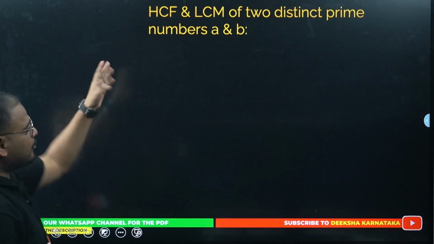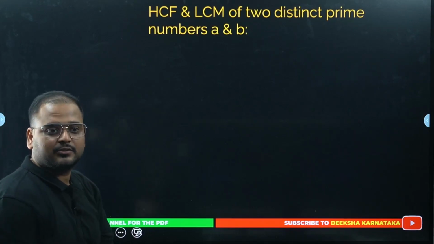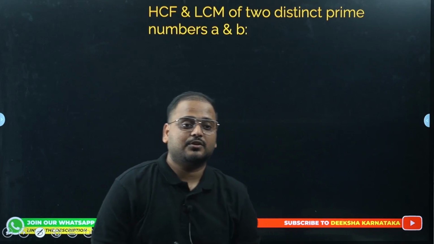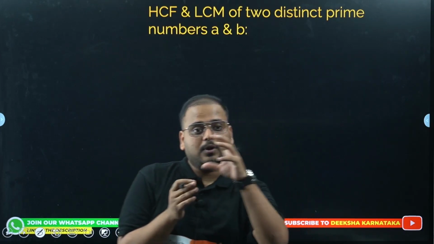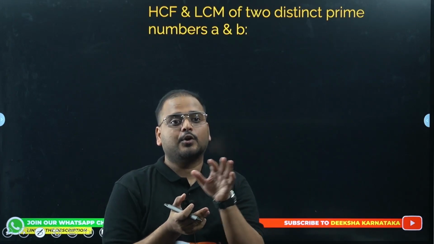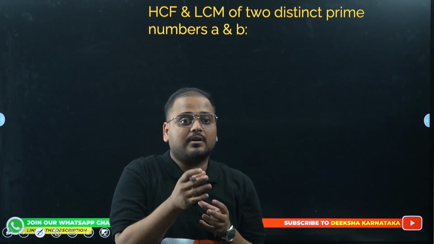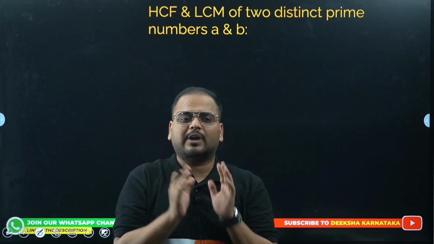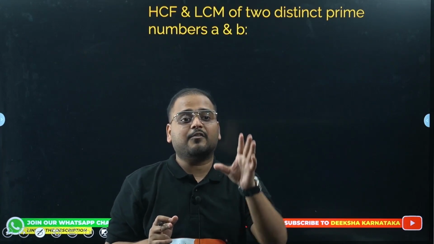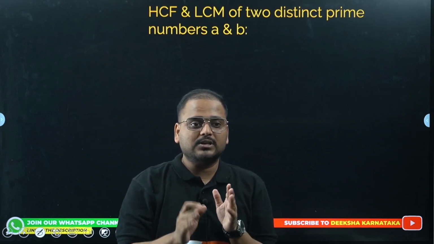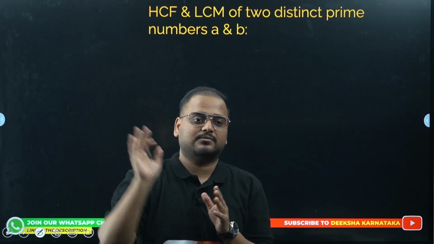Now one more definition will be here. So before starting this part, let me write the definition. Whenever we are finding the HCF of two numbers, we will write their prime factorization. For now, just remember this. For finding the HCF of any two numbers, write their prime factorization.